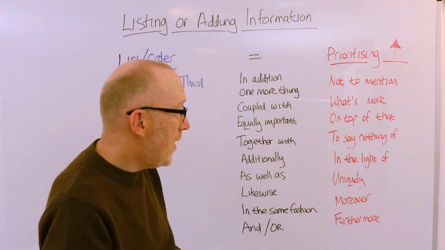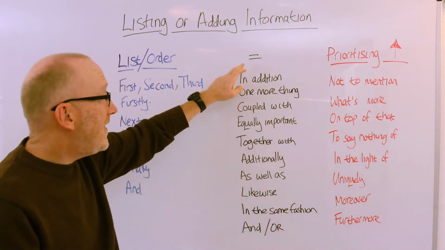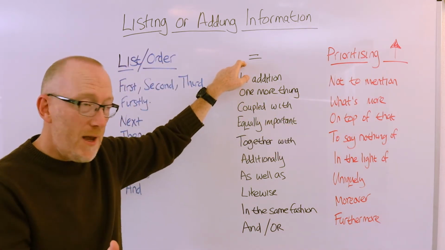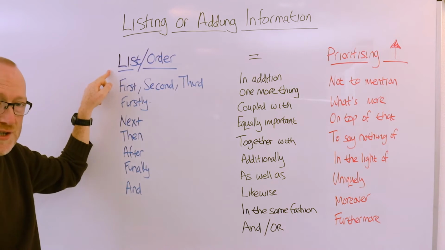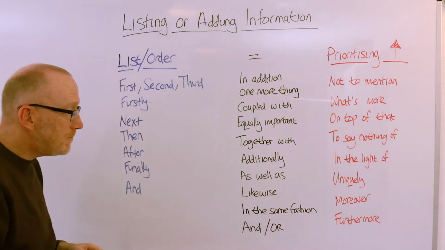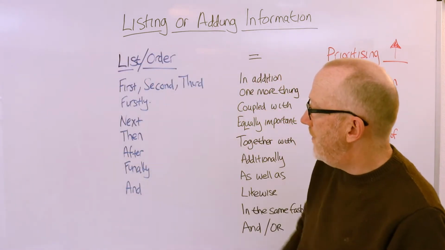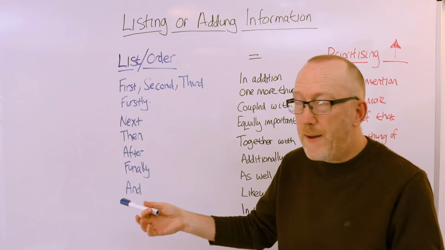Yeah. So this is linking to more important information. This is linking to information of an equal value, and this is just ordering or listing things. Yeah? So let's start with our first column, listing and ordering.